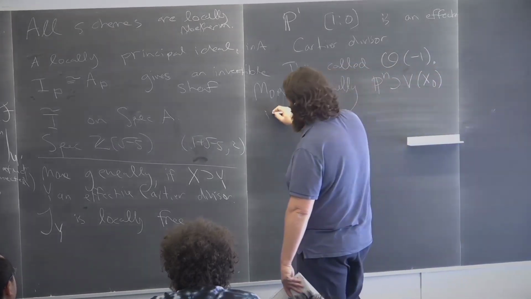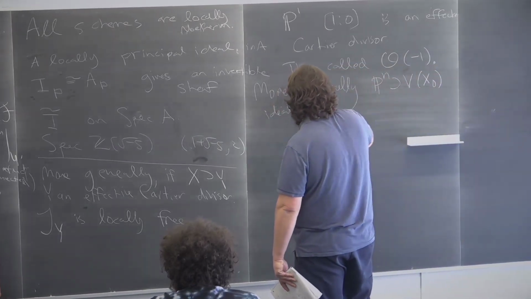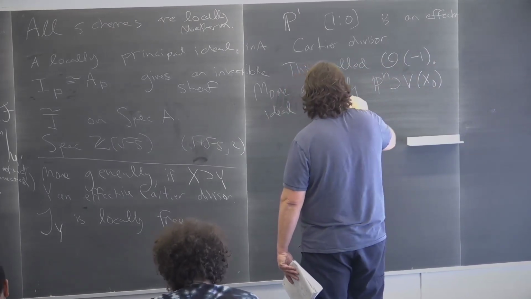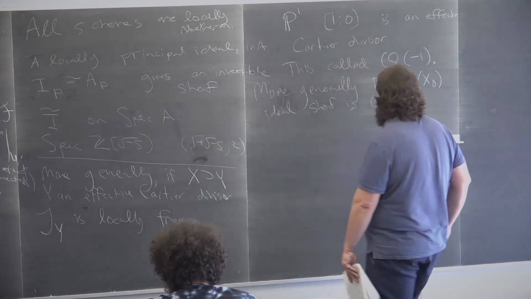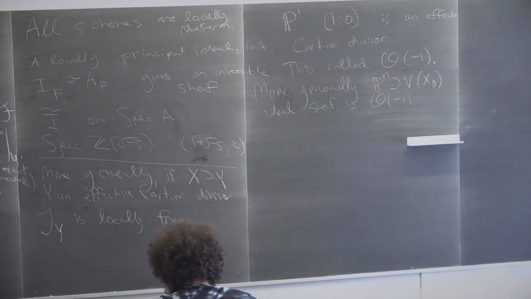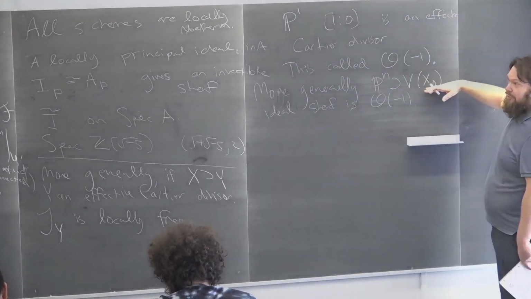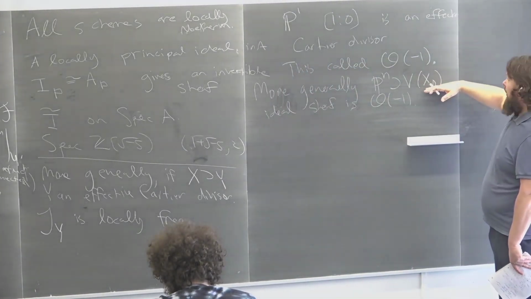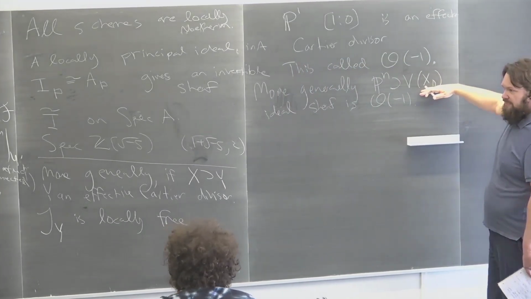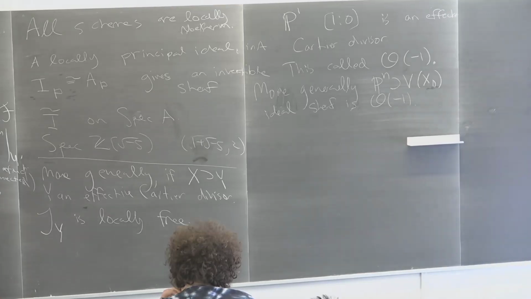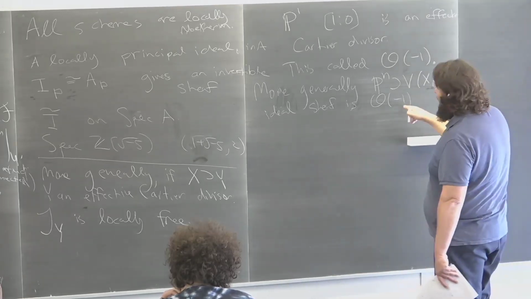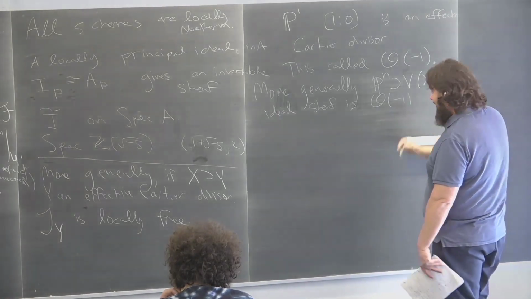The ideal sheaf of this is called O of -1. So more generally, I could take any homogeneous polynomial here and look at its zero set. And I would get other line bundles here.